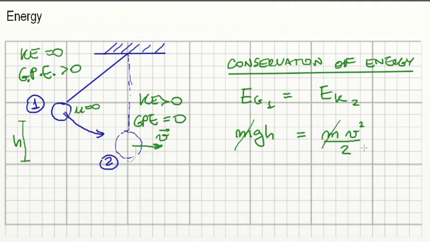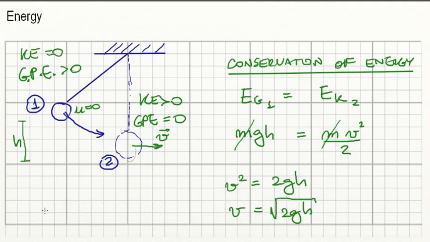Now again, the mass does not seem to matter. So if we are asked what is the speed of this particle when it's going through the bottom here, we could easily calculate. We can just work v squared is 2gh, then v is the square root of 2gh.